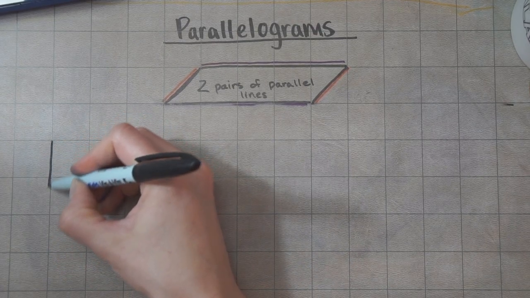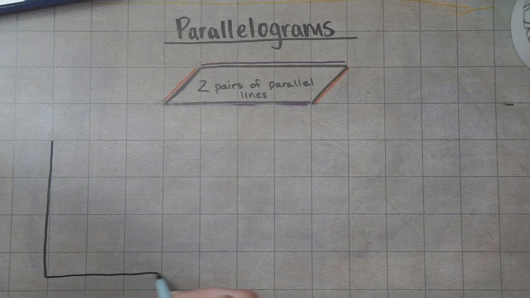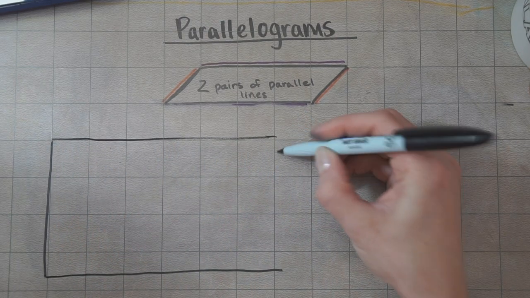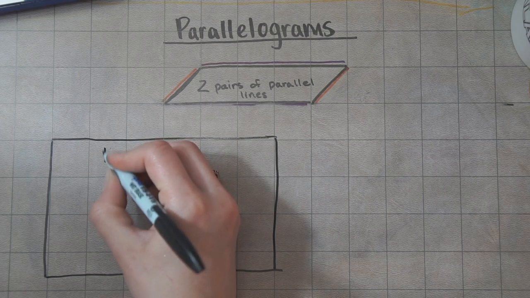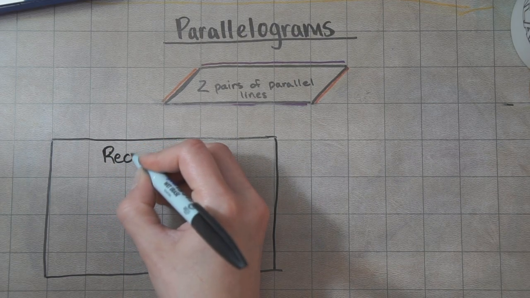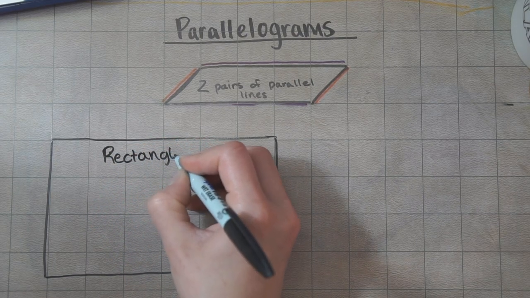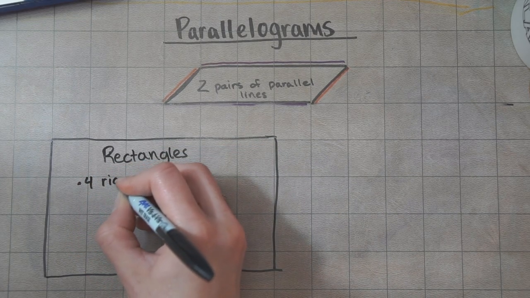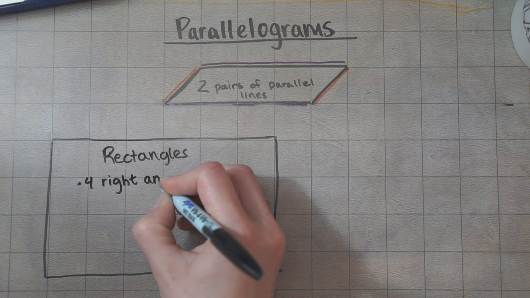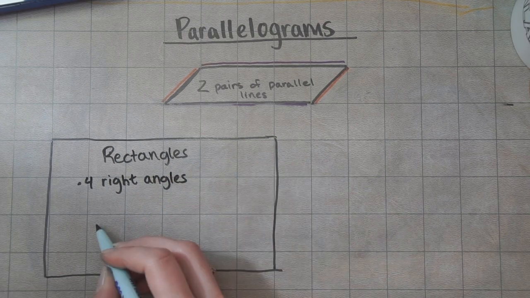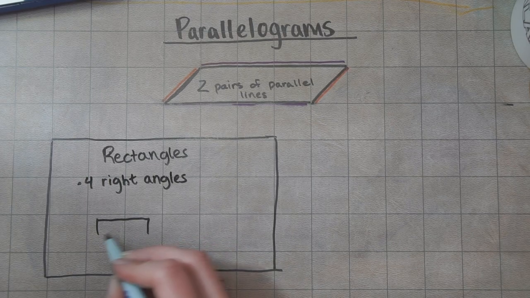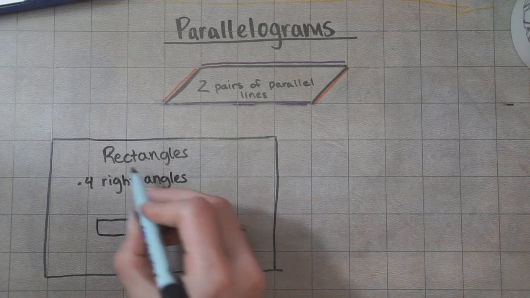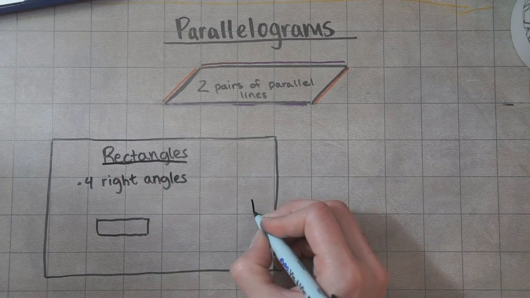Over here, we have the rectangle family, where we put the shapes with 4 right angles. All rectangles have 4 right angles, like that one. And like the square. Technically, a square is a special type of rectangle.